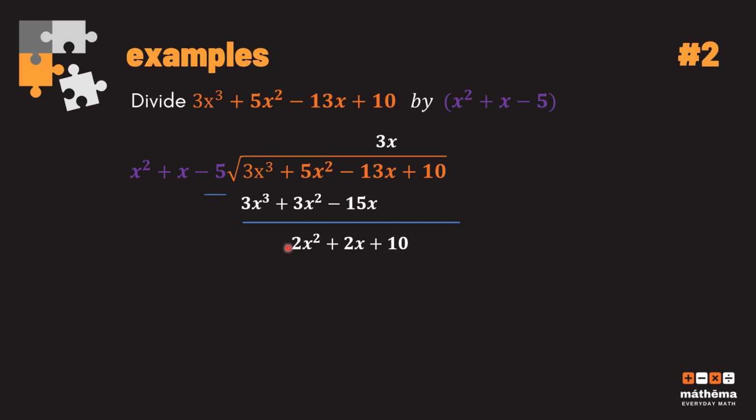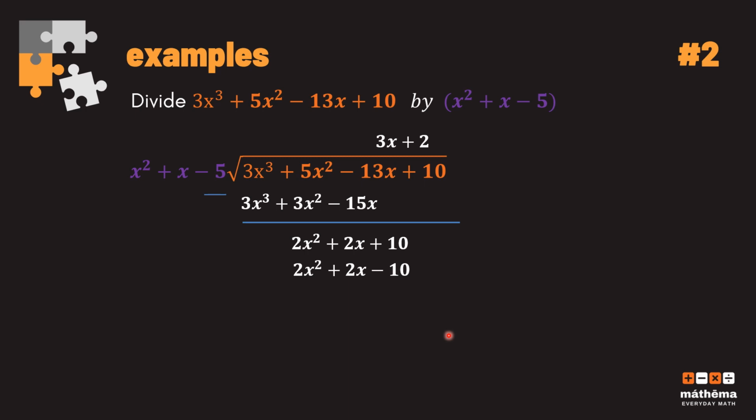Again, divide the first term by the first term of our divisor. 2x squared divided by x squared will give us 2, and then multiply 2 times x squared will give us 2x squared. 2 times x will give us 2x. 2 times negative 5 will give us negative 10.